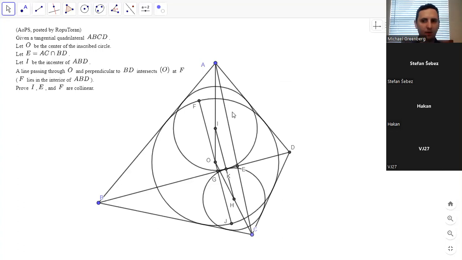So let's see. Okay, so is there some kind of homothety, I wonder, that could solve this?